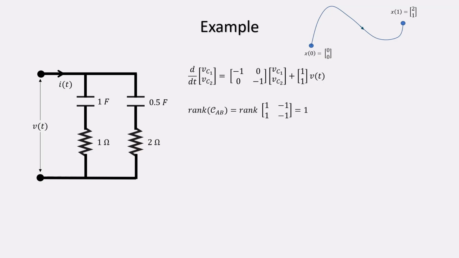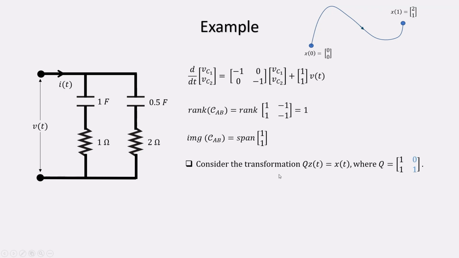Now, if I use the ideas that we have just learned, since the rank of the controllability matrix is 1 here, we know that the image of the controllability matrix will be given by the span of B, because we can take the first vector here, B. So, image is equal to span of (1 1) here. So, the Q matrix I can construct in this way. Again remember this is a 2 cross 2 matrix, so Q will also be 2 cross 2.